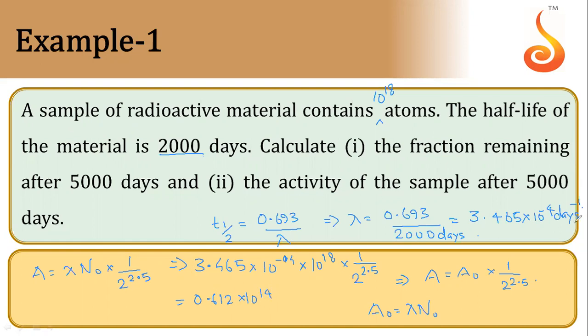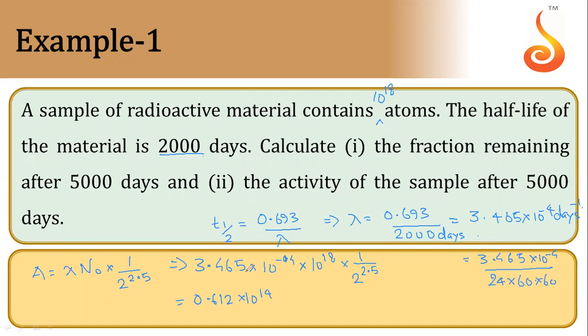But one thing here, we have kept it in days. We have not converted into seconds. To find the activity in SI unit, you have to convert it into seconds. So we had lambda as 3.465 into 10 raised to power minus 4 per day, so you have to convert days into seconds. In a day there are 24 hours into 60 minutes into 60 seconds.